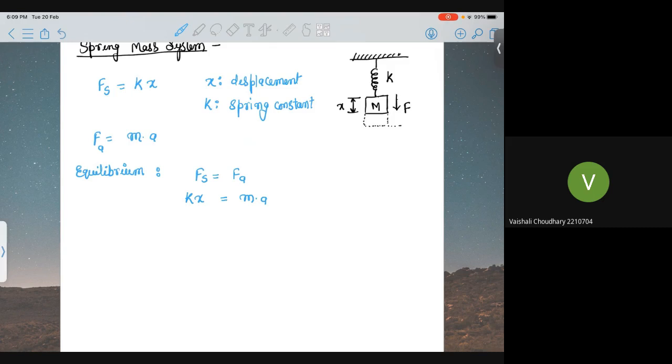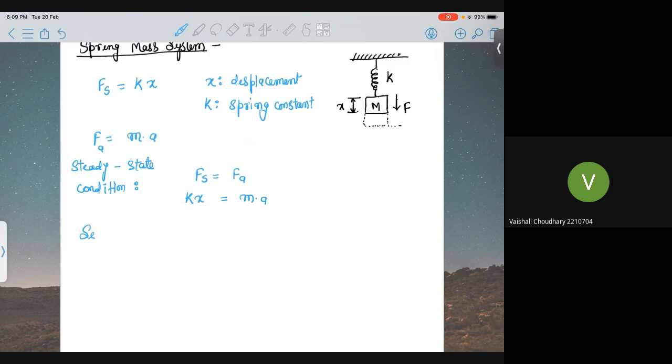Or we can say that in steady state condition, this is the correct word, in steady state condition, these two forces will be equal.